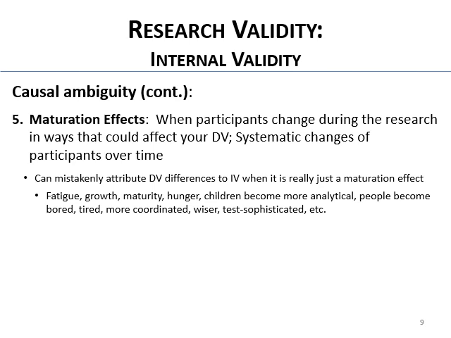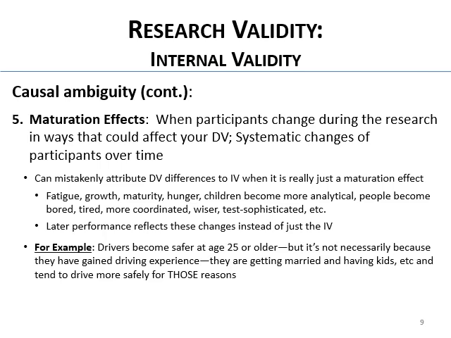So this is the usual stuff. People get tired, fatigued, they grow up, they get more mature, they get hungry, children become more analytical, people get bored, and so forth. So later performance in a longitudinal study in particular is going to reflect those changes in addition to any effects of your independent variable.